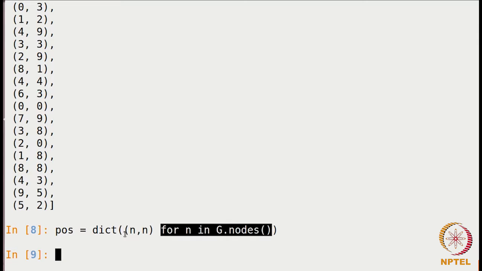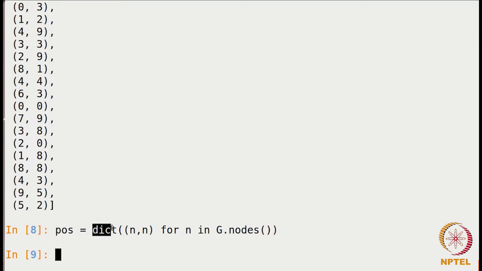So I'm creating a tuple where there are two n's, like ((8, 8), (8, 8)). For a node, I'm fixing its position, which is the same as its label. And after that I'm converting that into a dictionary, because the parameter that we pass should be in the form of a dictionary.